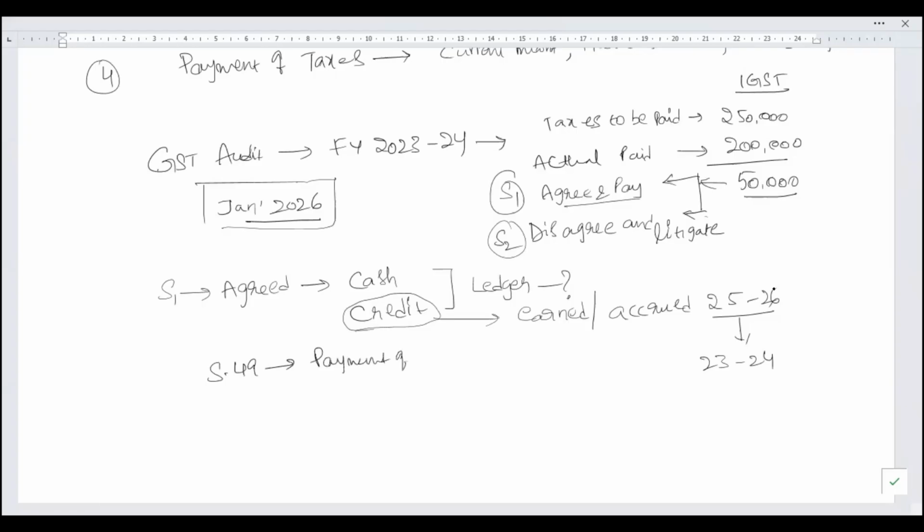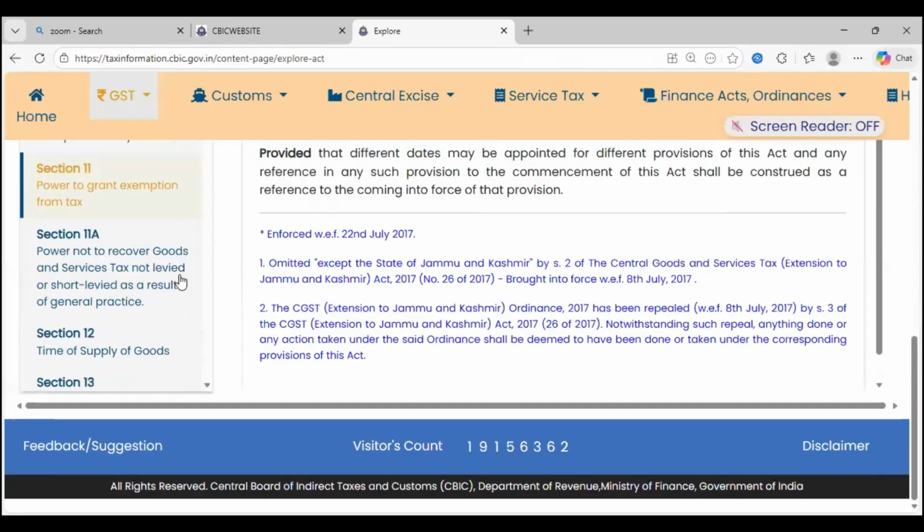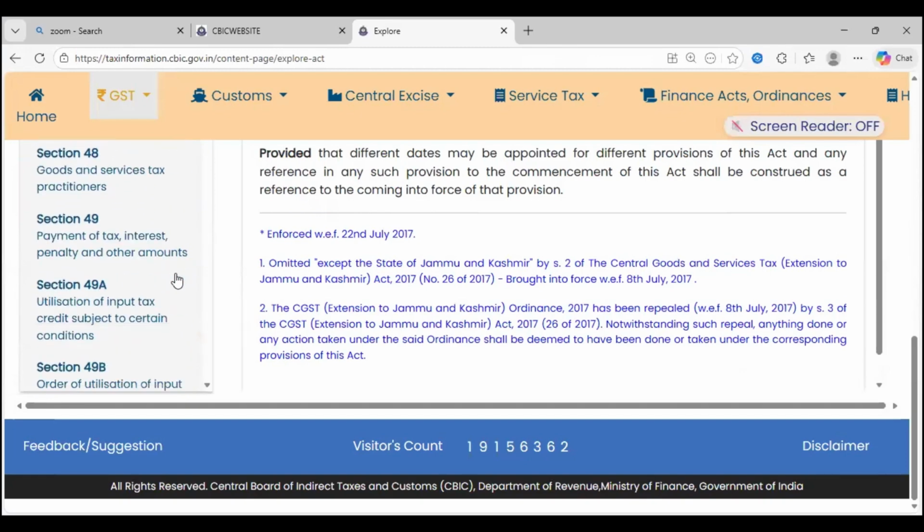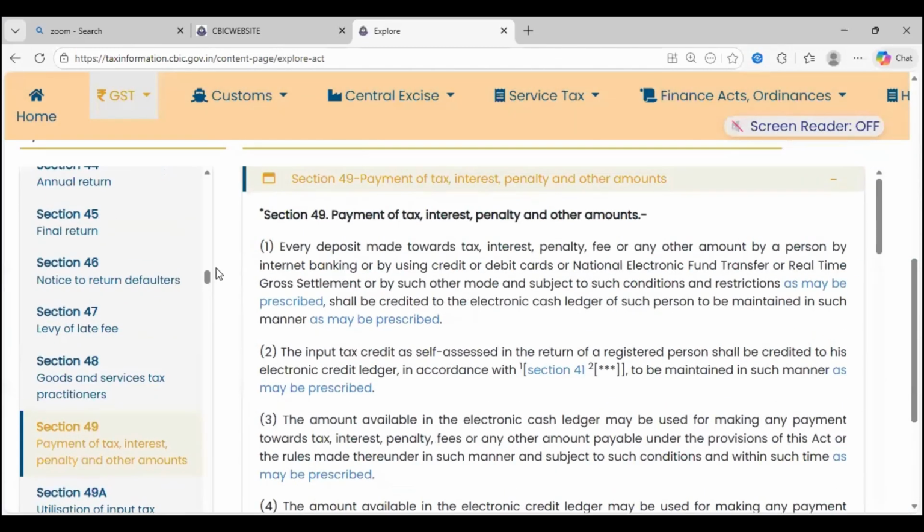Payment of taxes. Let us have an understanding of this provision. Section 49, payment of tax, interest, penalty and other amounts.